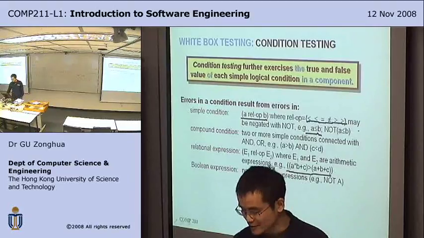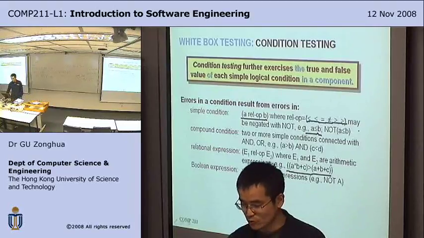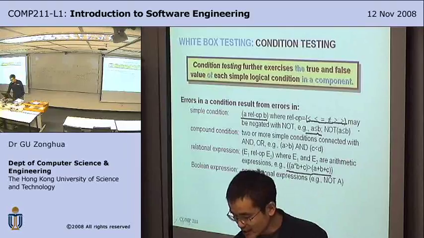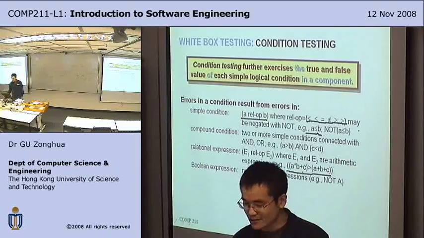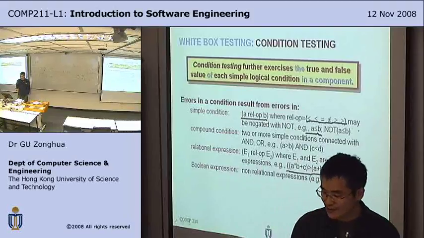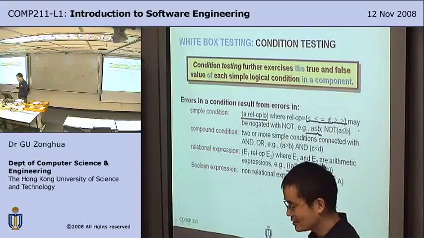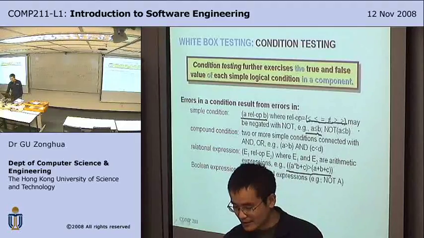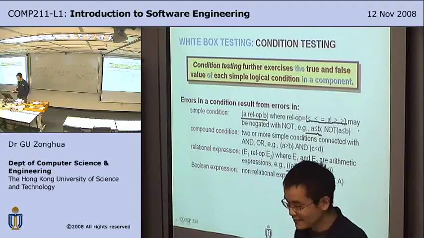So A times B plus C greater than 8 plus B plus C. So you may make an error inside of each of the arithmetic expressions, right? You may accidentally type in A double star B, which means A to the B's power instead of a single star B, and you need to detect that kind of error as well.